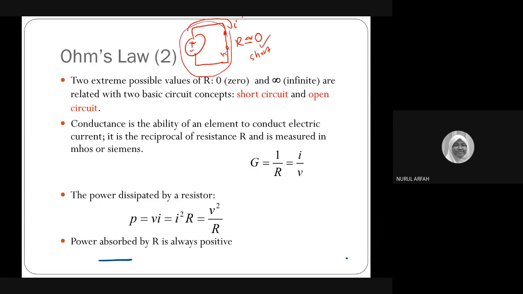But remember, this is not a good way to configure your voltage source. The voltage source cannot be connected to a short circuit like this. Why? Anyone? The voltage will be decreased.